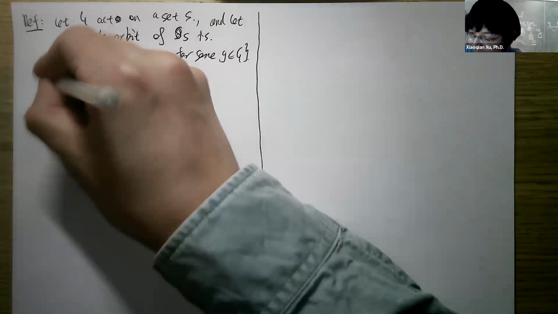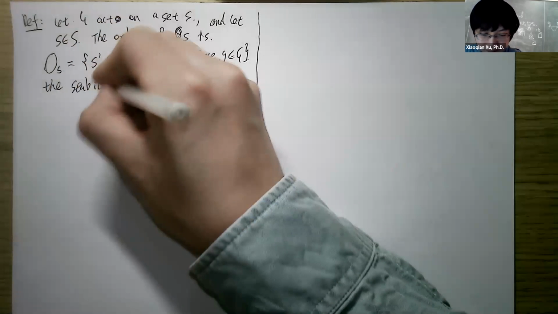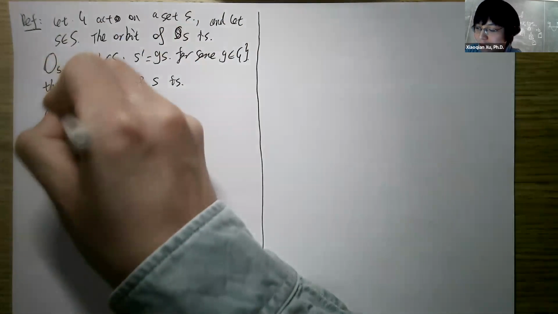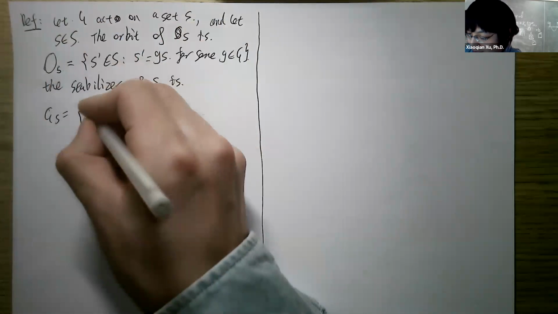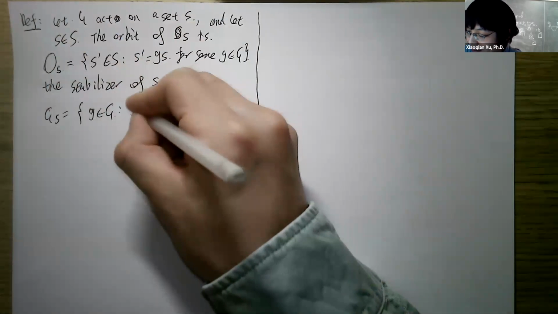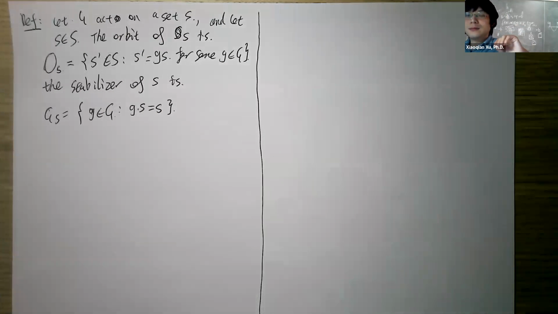And the stabilizer of s is G_s, the set of g in G such that it doesn't change s, which is why we call it a stabilizer: gs equals s. So what do we mean by an orbit?